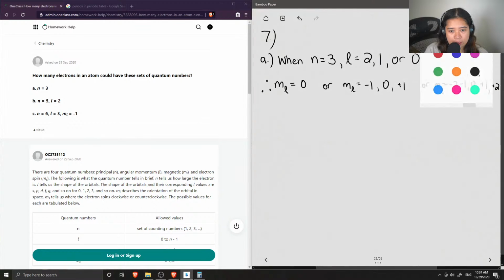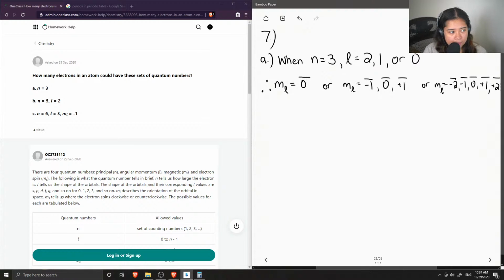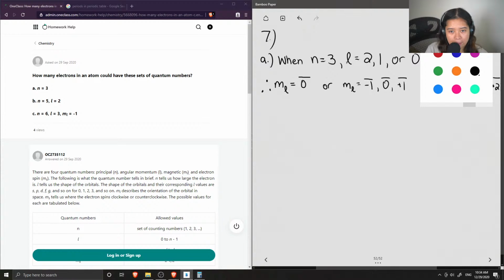Okay, so recall that each orbital can house 2 electrons. So let's pretend like we have these, which are all orbitals that can house electrons. We need to count how many can have the principal quantum number equal to 3. So I'm just going to draw the electrons in.